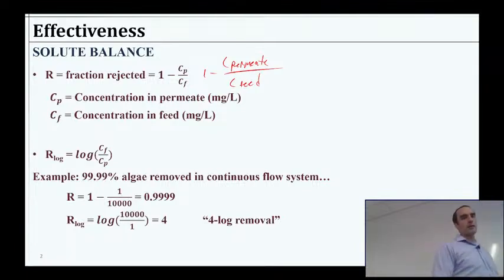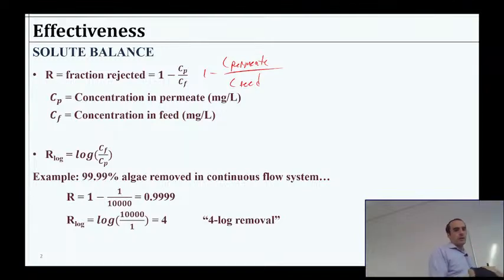So on a logarithmic scale, we can take the log of CF divided by CP, and we notice that that's a little bit inverted, but taking the log of it will tell us how many orders of magnitude have been rejected, which is what's convenient, right? 2 orders of magnitude would be 99%. 1 order of magnitude would be 90%, and so on. So we can say R log is the log of CF divided by CP, and that makes it so that the R log for a 99.99% removal is a 4 log removal.